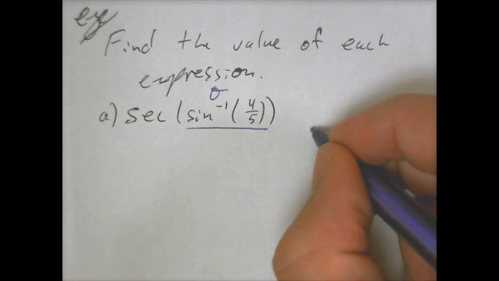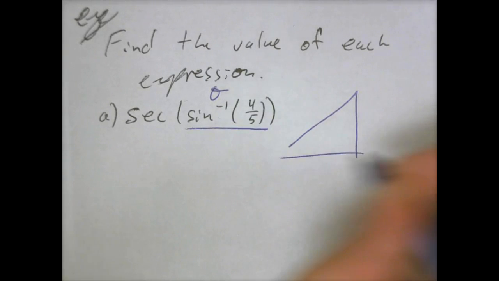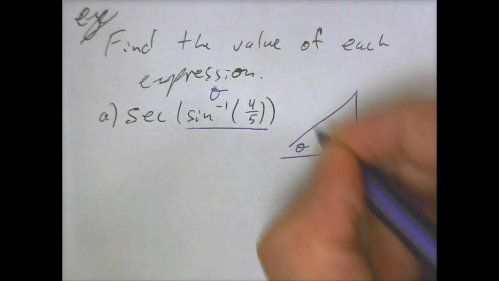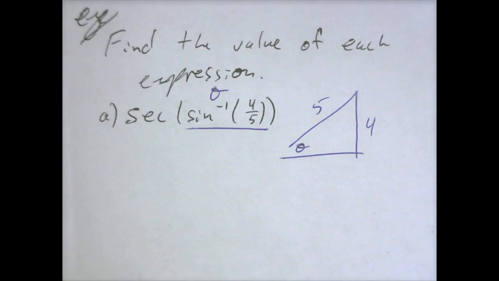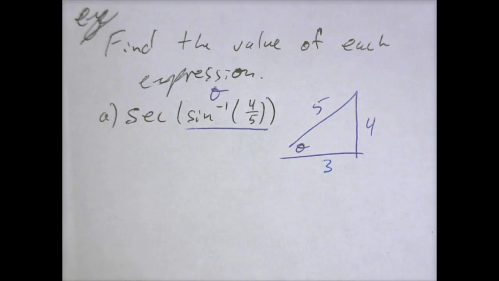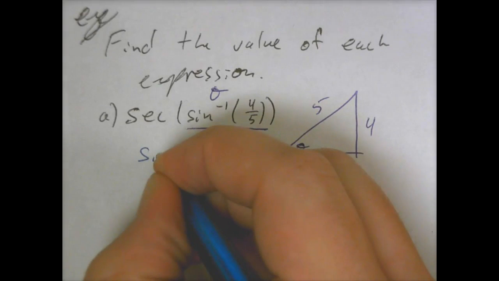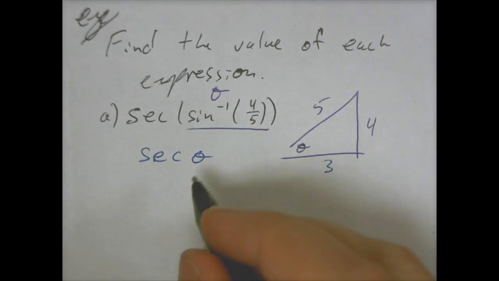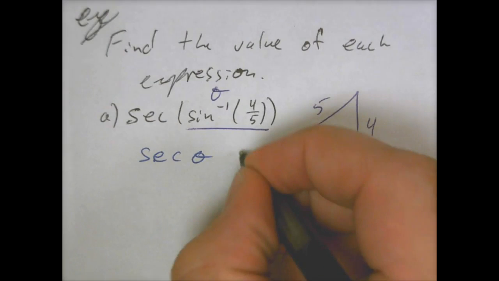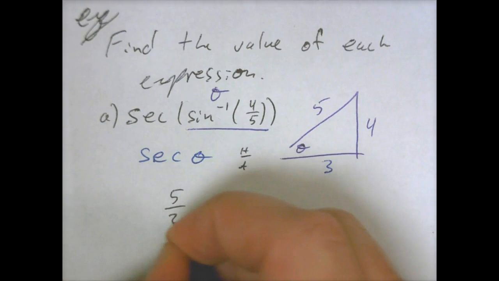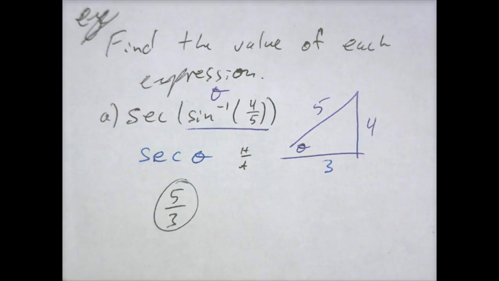So if I draw a triangle, since trig is all dealing with triangles, and I go from theta, I know sine is opposite over hypotenuse. I can use the Pythagorean theorem to figure out that that side is 3. So really, this is just asking me what is secant of theta. Well, I know secant is related to cosine, so this is hypotenuse over adjacent. So I have 5 over 3, and there would be my solution.